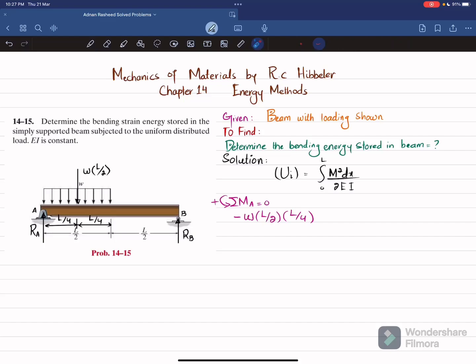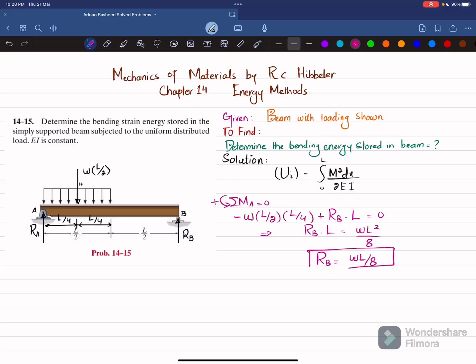The second moment about point A is due to this RB load, and the perpendicular distance is L, and this is producing counterclockwise moment, so it will be positive. So I will write plus RB times L is equal to 0. So from here you will get RB into L will be equal to WL square over 8, and this RB will be equal to WL by 8.